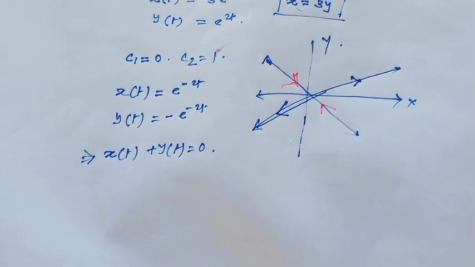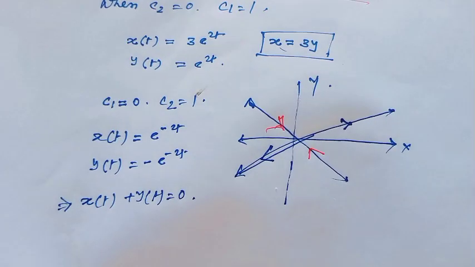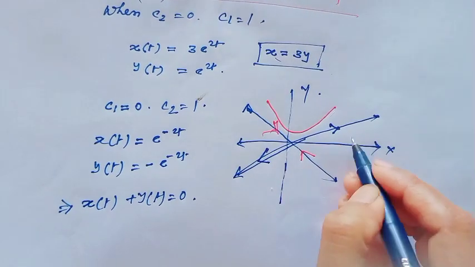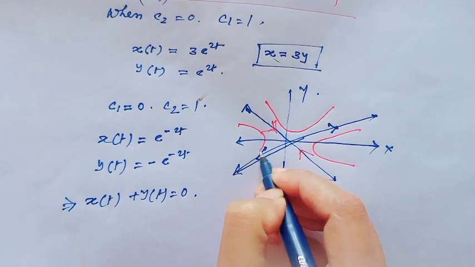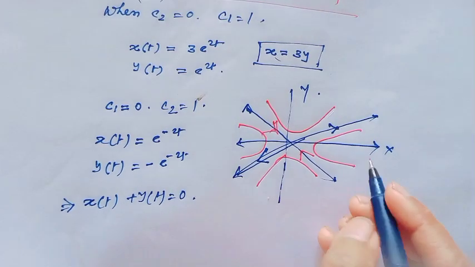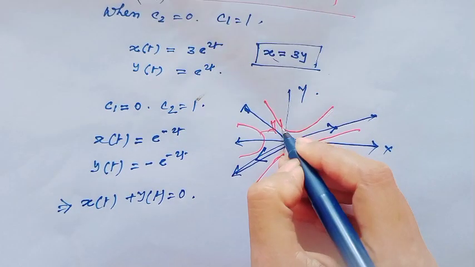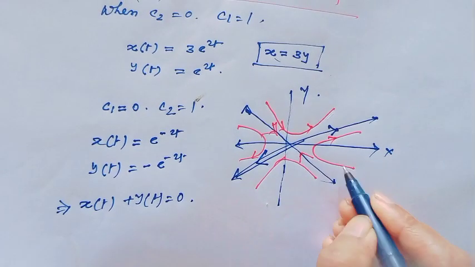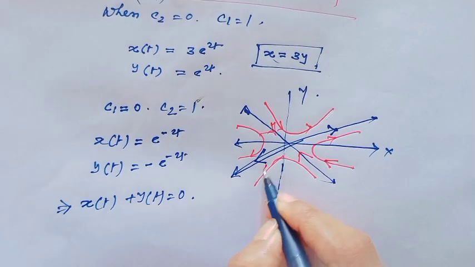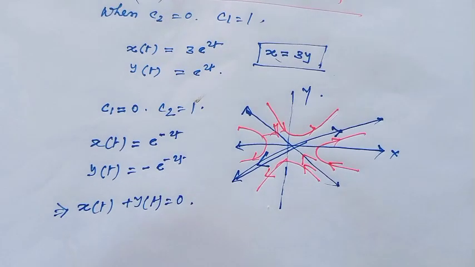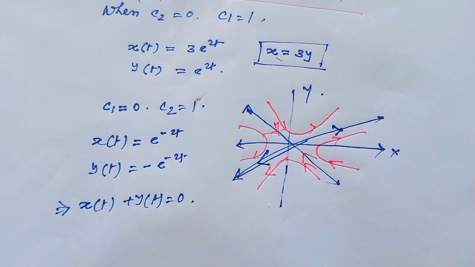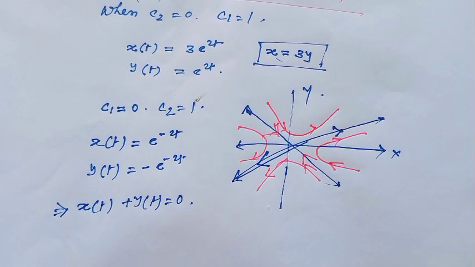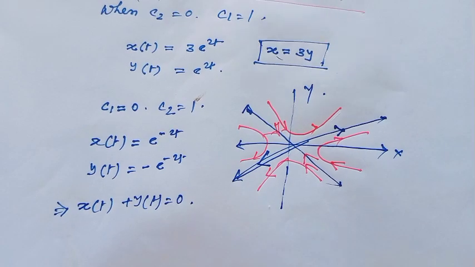And the other non-trivial solutions, when c1 and c2 are not equal to 0, would be of such type. I hope all my viewers have understood how the solution space looks, and which type of vectors the solution space is spanned by.